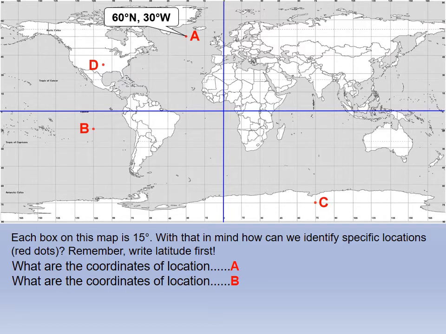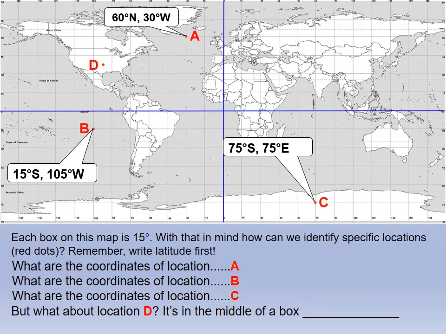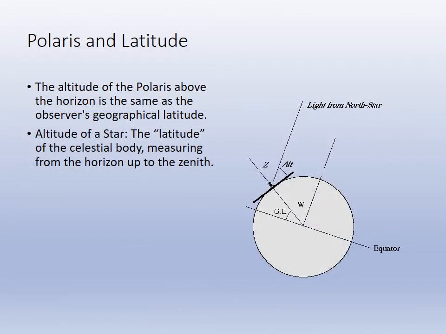So B is in the southern hemisphere, 15 degrees south, still in the west, 105 degrees west. C, down in Antarctica, in the eastern hemisphere here, 75 degrees east and 75 degrees south. And of course, D in the middle of our United States.